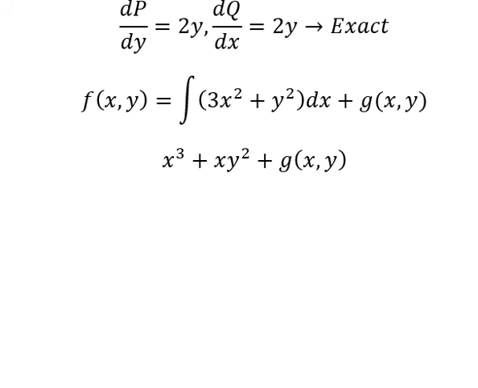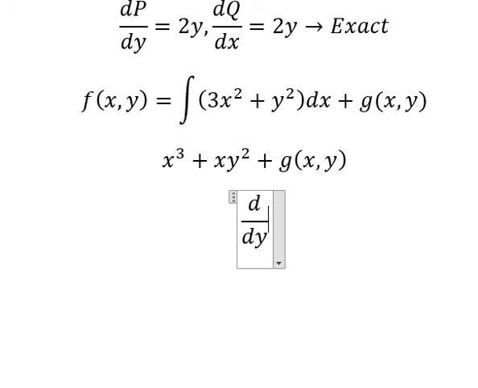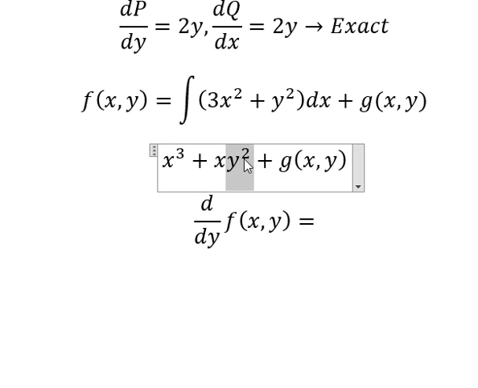Next, we need to take the derivative of the function with respect to y, because we just did the integration by dx, so we need to take the derivative of the function by dy. This one we don't have y, so you got 0. This one we have y squared.